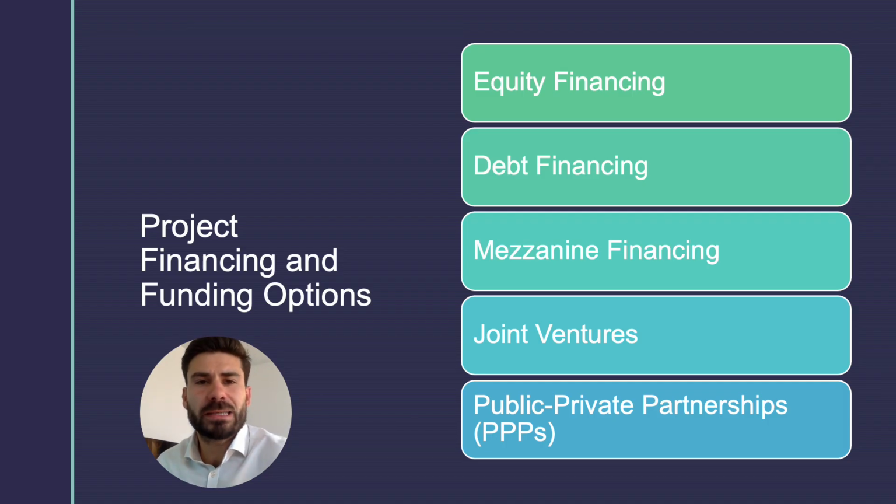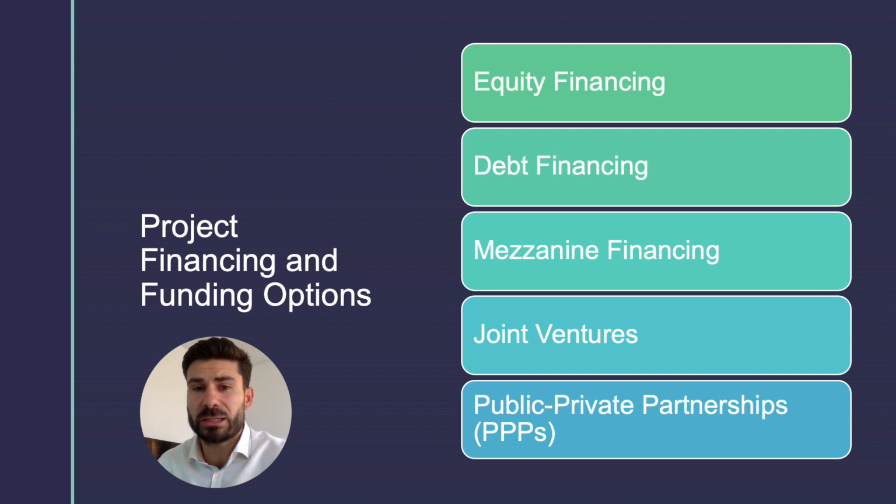Securing the right financing is crucial for any real estate development project. Equity financing involves using cash reserves or raising capital from investors who receive a share of the profits. Debt financing, typically through loans, requires regular repayments with interest. Mezzanine finance can be a hybrid between equity and debt and is often used at a higher cost to fill a funding gap.